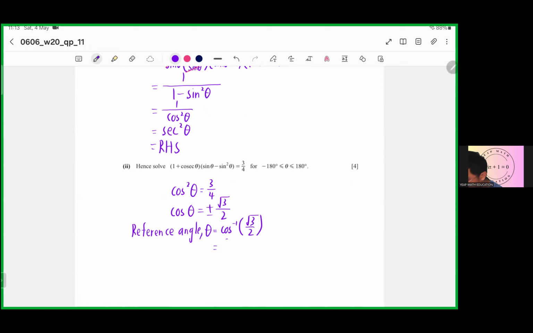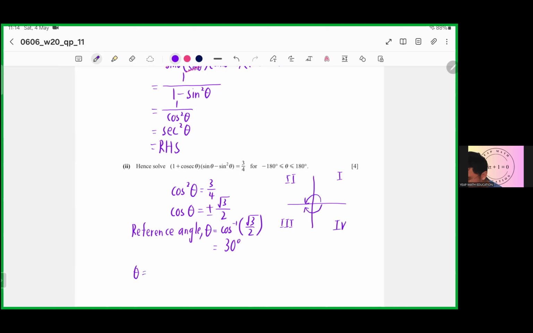Okay, we get 30. Now we need to find the first, second, third and fourth quadrant. But you see the range, it just happened here.